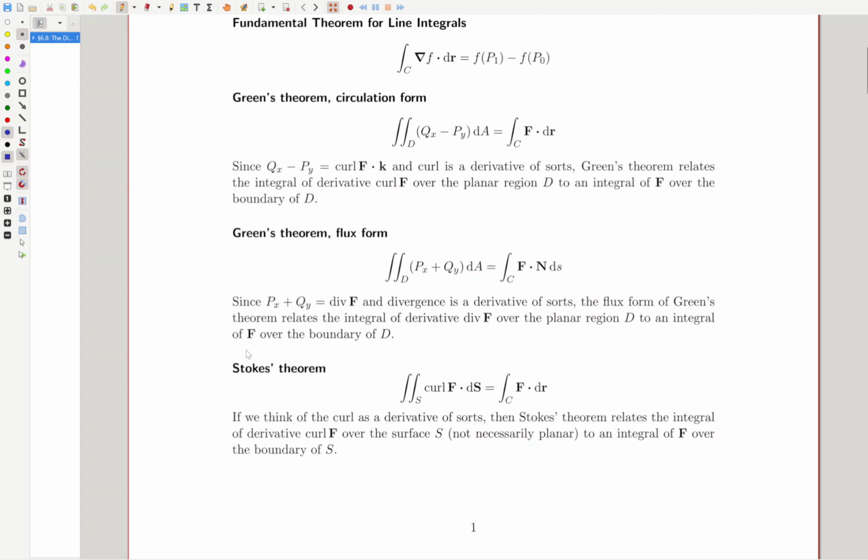And then lastly, we had just learned about Stokes' theorem.